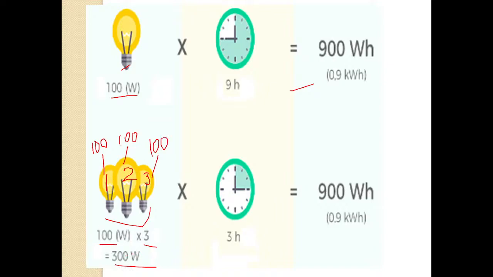So 100 into 3, the power rating of all these 3 lamps is 300 watts. Now this one lamp of 100 watts is operated for 9 hours.